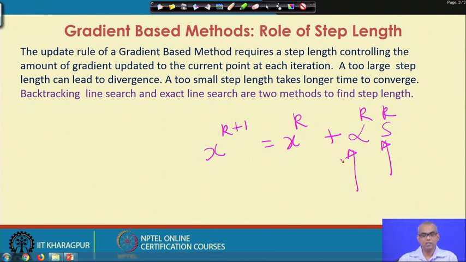The step length decides how much we will move in the direction of such a direction vector. A too large step length can lead to divergence. A too small step length will take much longer time to converge. That is why we need an optimum step length, so that we get convergence in minimum time.